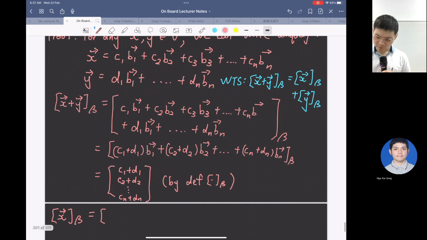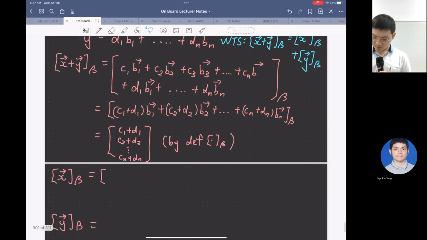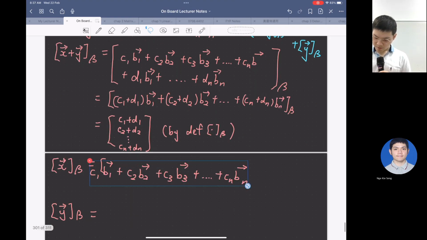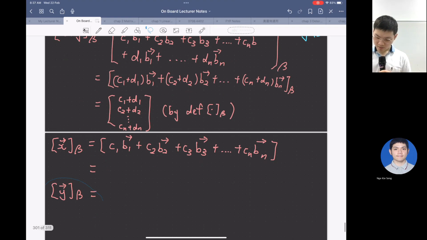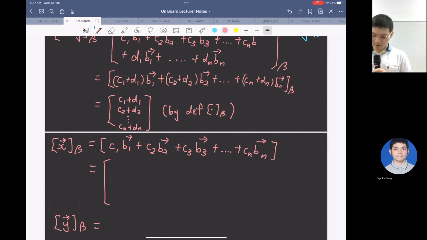What's the coordinate vector for C1 b1 up to Cn bn? Reading out the coefficients, it's just C1, C2 up to Cn.